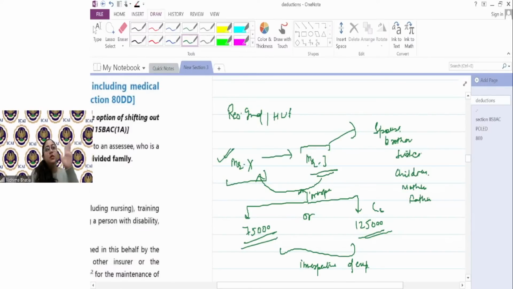So guys, in 80TTA, where we were seeing, only spouse and children were covered, dependent or not. Then when we move to 80D, payment to cover health insurance of spouse, dependent children and parents were there. But now when I'm coming to 80DD, spouse, dependent brother, sister, dependent children, dependent mother, father are covered here. So you have to clearly distinguish who is covered and who is not covered. Why?